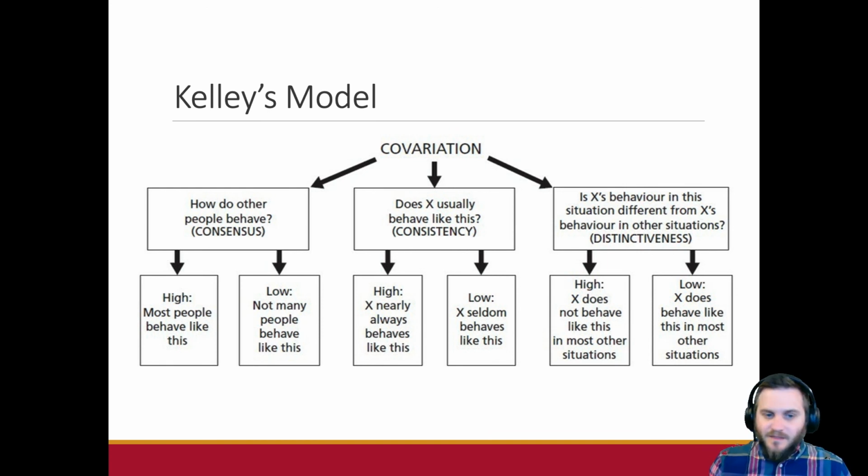This person seldom behaves like this. And this person behaves like this in most other situations. So something about the situation is leading this person to have issues. Something about the situation is leading that person to think in that way.